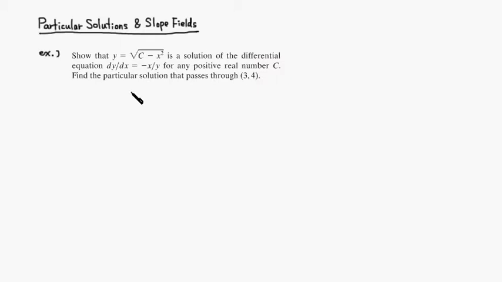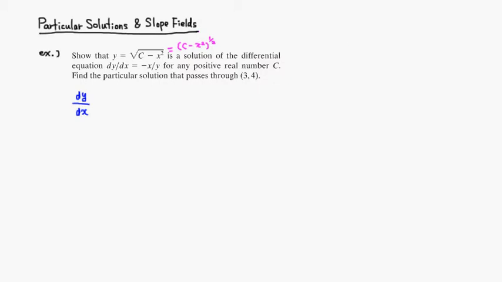In order to make sure that this function satisfies this differential equation, let's take the derivative and see what we get. Taking the derivative of y with respect to x, the first thing I would do, since I don't like square roots, is rewrite this as quantity c minus x squared to the 1/2 power.